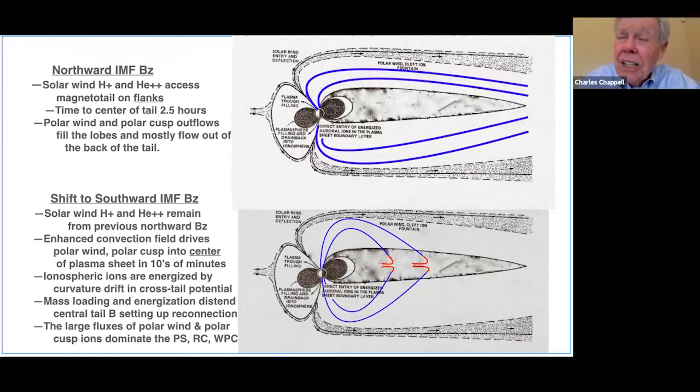Interestingly, in sort of a secondary way, if you think about that storm scenario, you're doing polar wind out of the ionosphere, you're doing polar cusp. The Bz goes southward. The lobe particles are pushed into the plasma sheet. They are energized and reconnection begins. And reconnection then causes precipitation. Particles are accelerated down into the atmosphere, the auroral zones on the night side.